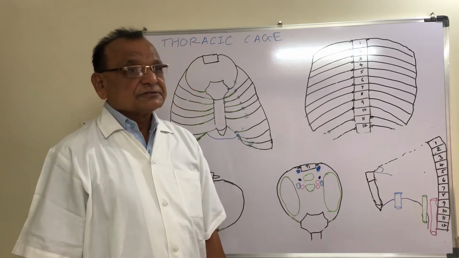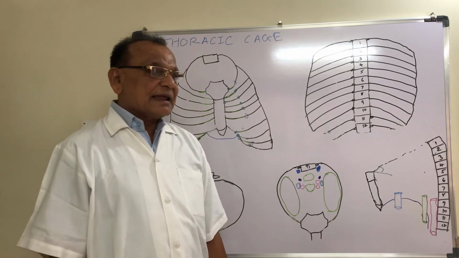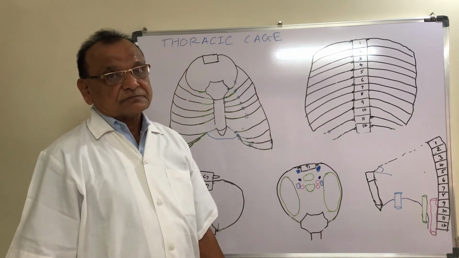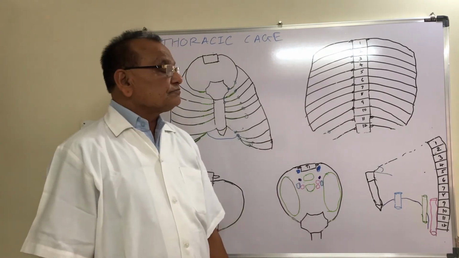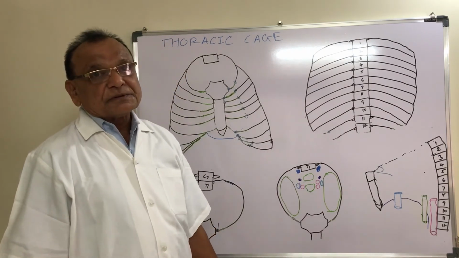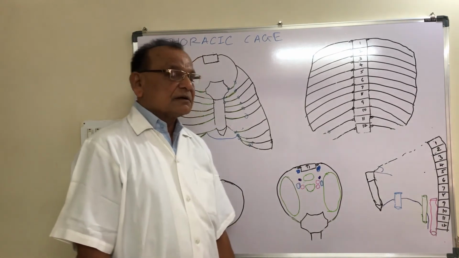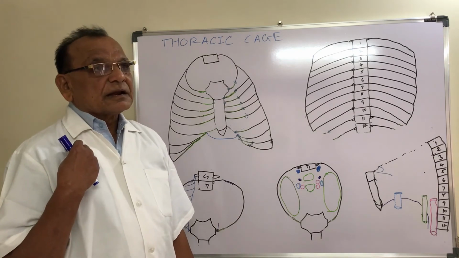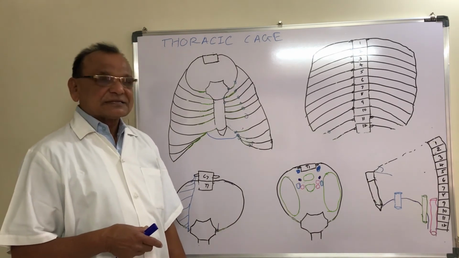In adults, by direct or indirect violence, fracture of the rib can also occur. Usually the upper two ribs and lower two ribs escape from fracture, because the upper two ribs are hidden by the clavicle, and the lower two ribs are floating ribs, so they escape from fractures.